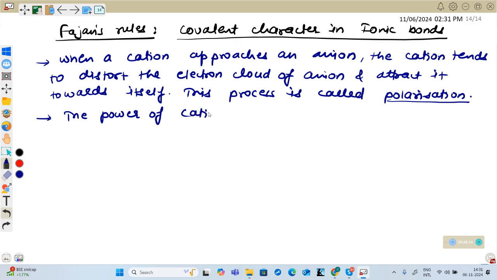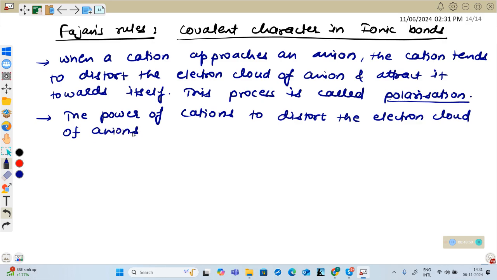The power of cations to distort the electron cloud of anions is called polarizing power.